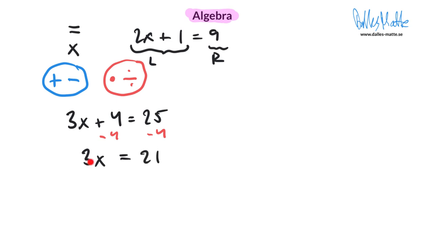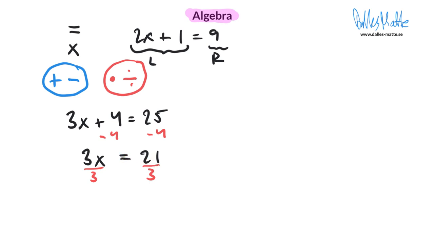And then we have 3 multiplied by x. You have a hidden multiplication between 3 and x. So the opposite of multiplication is division. I only want the x on the left side now. So I divide by 3, and then I do exactly the same on the right side of the equal sign.